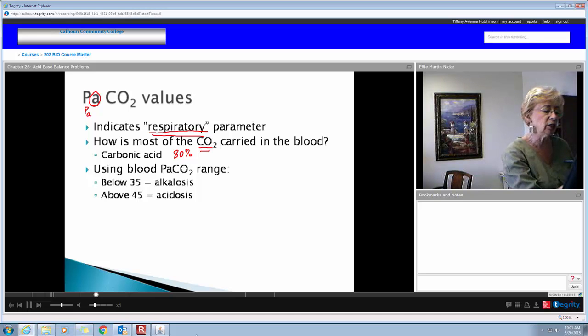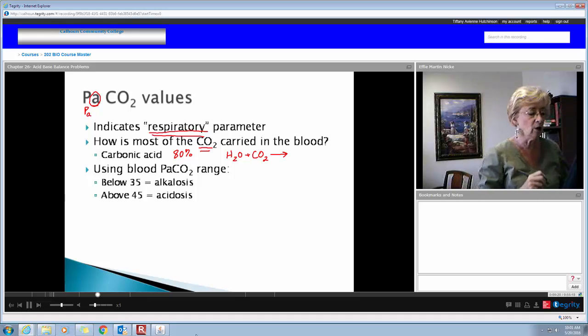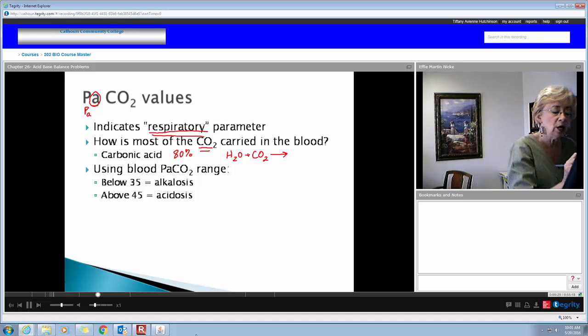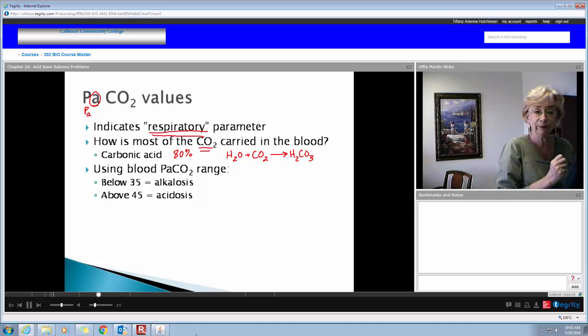So let me show you just a little formula. I'm not going to throw too much chemistry at you here. If you combine H2O plus CO2, you get a molecule H2CO3. See that? You have H2, carbon, and then instead of 2 oxygens, now you have 3 oxygens. Well, this is carbonic acid.